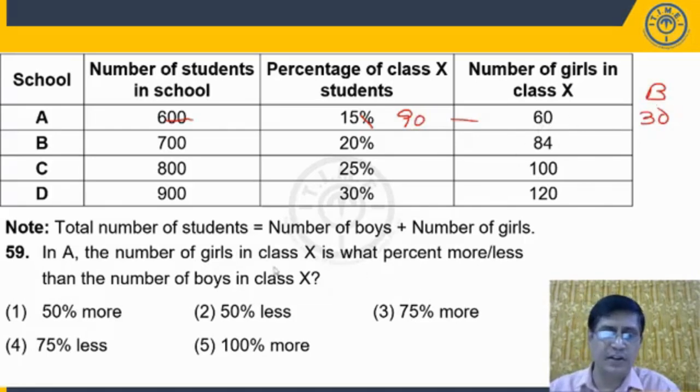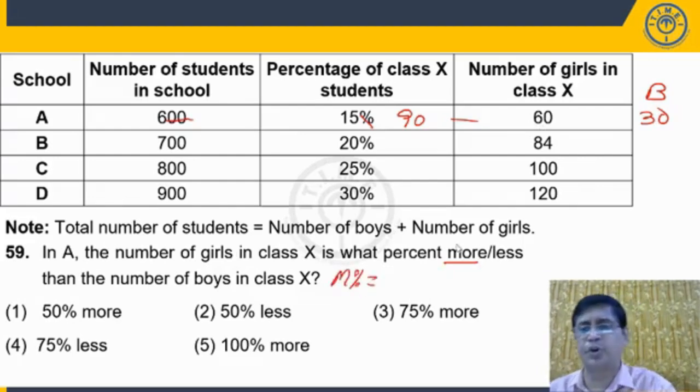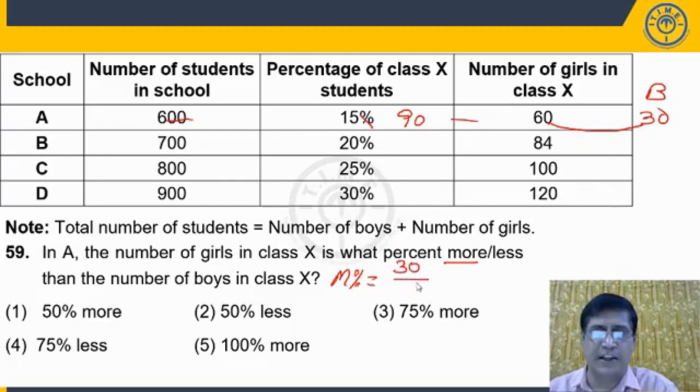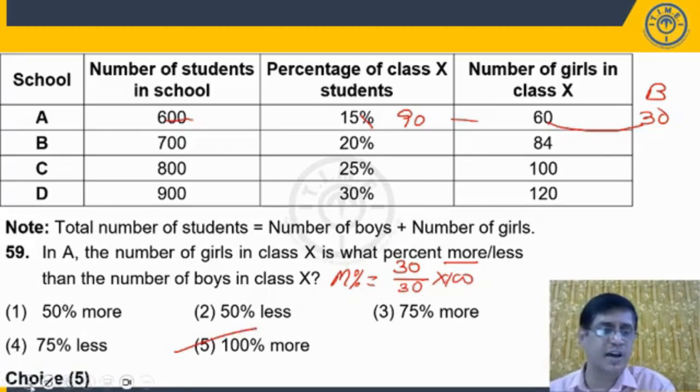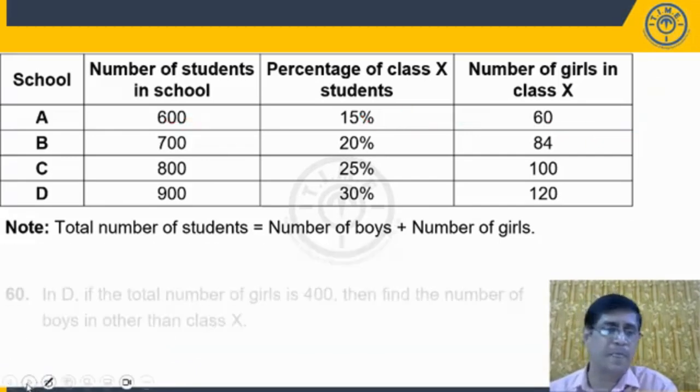What we need to find? The girls more or less. Now here girls are more. Just to find the percentage more. Percentage more means difference by the smaller value. What is the smaller value? 30 into 100. Yes, simplify, you will get the answer, that is 100%. Right choice, option number 5.